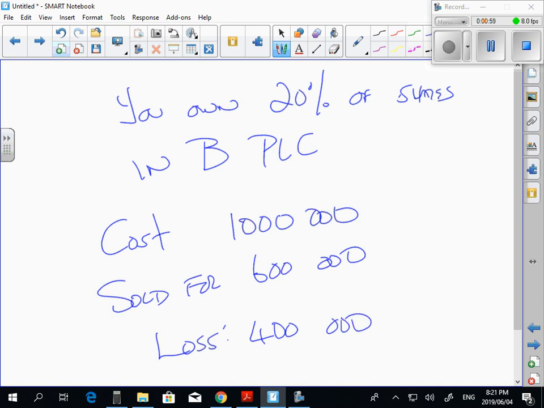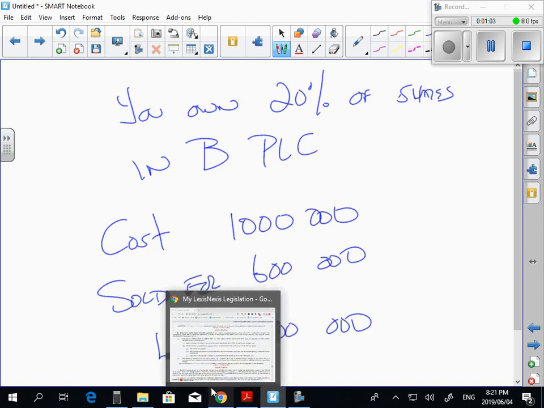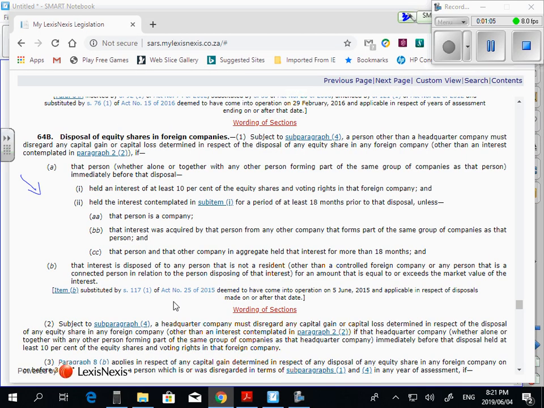Is that cool? So just to make sure that I'm covering a whole lot today, we've got paragraph 64B of the 8th schedule. You know that with dividends, it's exempt if you own 10% or more of shares. Have a look at what this section actually says, and make sure you've tagged it as well.